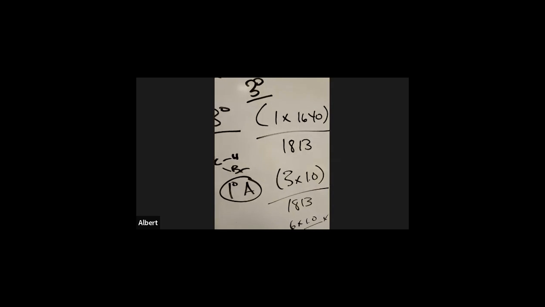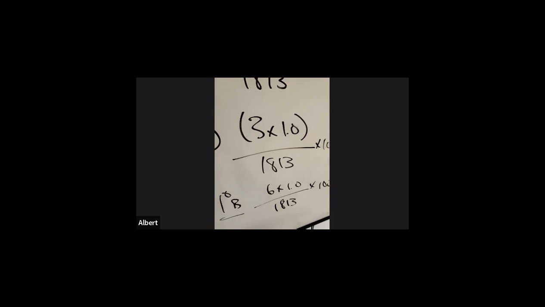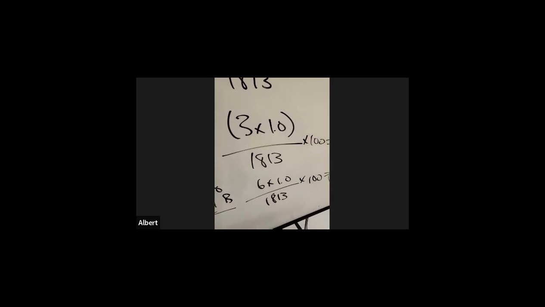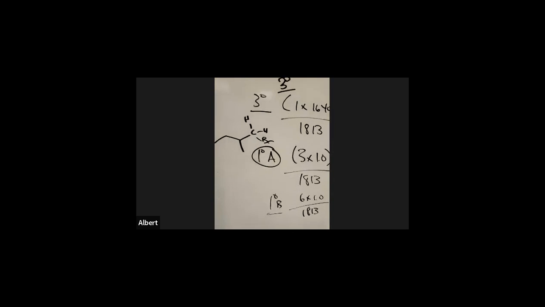So there'll be 3 primary for here. I think we call that one primary A over here. And then 6 primaries for these 2, which we call primary B. That's how we got those numbers, the 6 and the 3, and the 1 and the 2 right here.